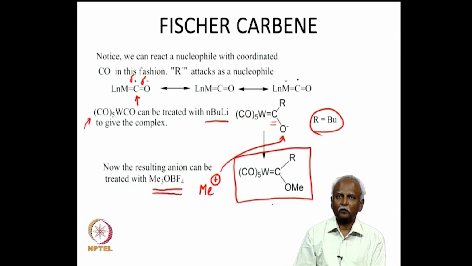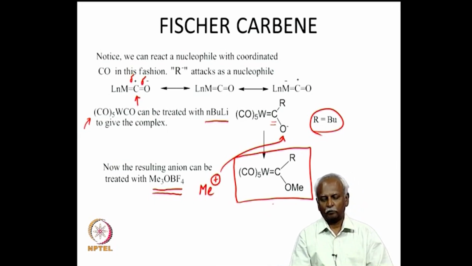An isocyanide is also polarized with a carbon bearing the positive charge, and a carbon monoxide is also polarized with a positive charge on the carbon when they are both coordinated to the metal atom. Once this happens, you can have a nucleophilic attack, and that nucleophilic attack can be used to generate a carbene complex, which is this particular species which I have pictured here.